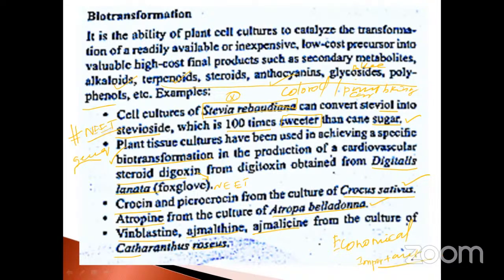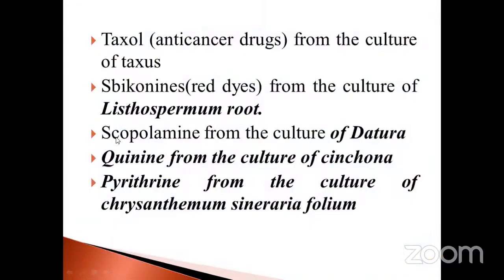Okay, my dears, this is very, very important. See here, another important component is also given here, my dear. Taxol, the anti-cancer drug. Sometimes they ask which is considered here. This is also one of the NEET points.